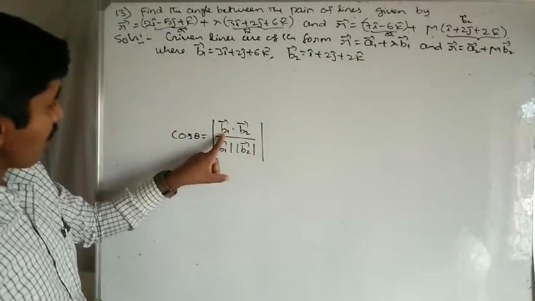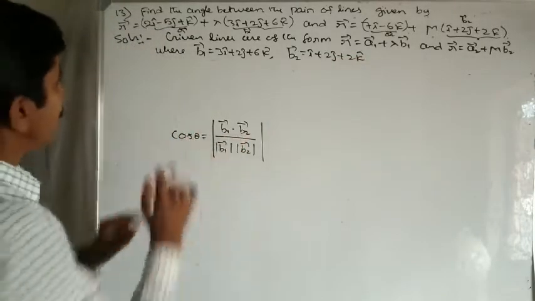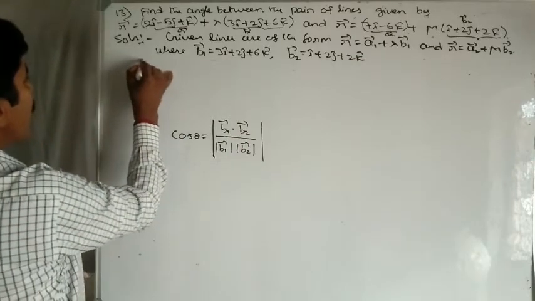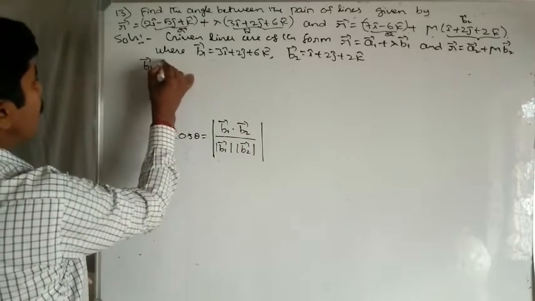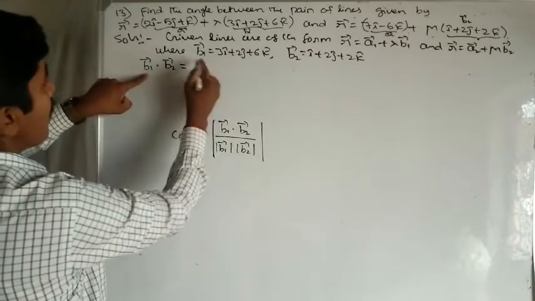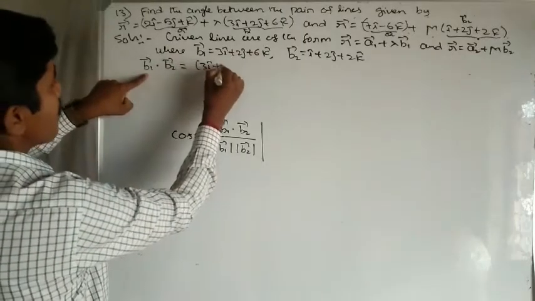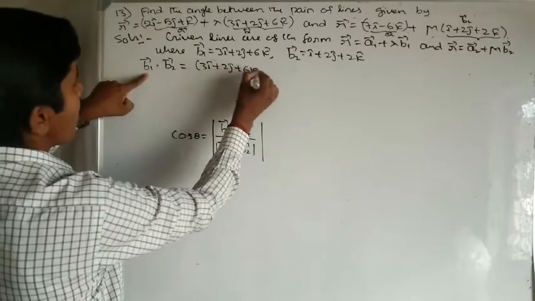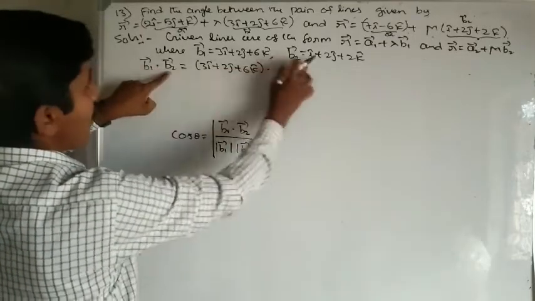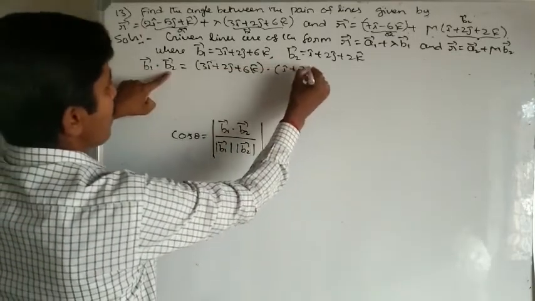I am going to find vector b1 dot vector b2 first. Vector b1 dot vector b2 is equal to 3i plus 2j plus 6k dot i plus 2j plus 2k.